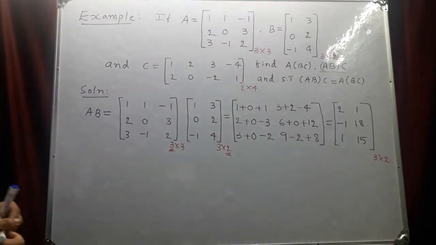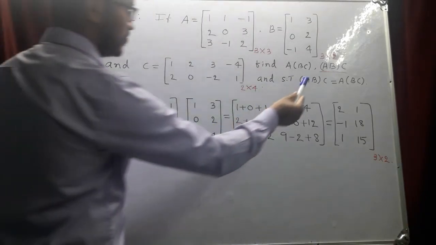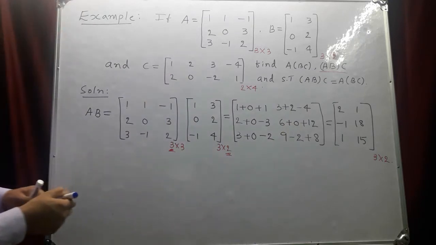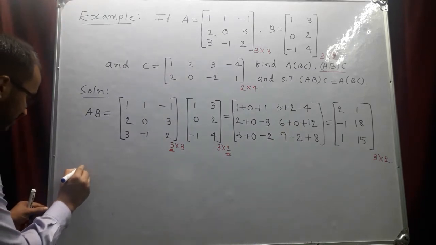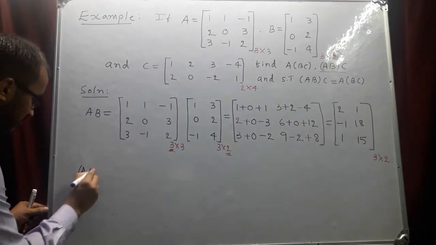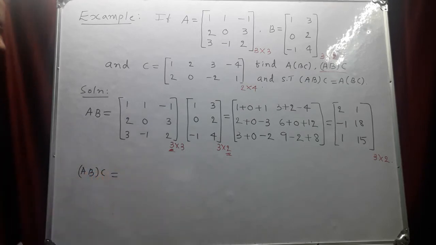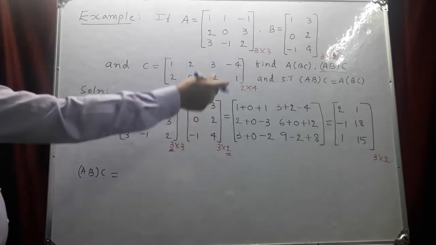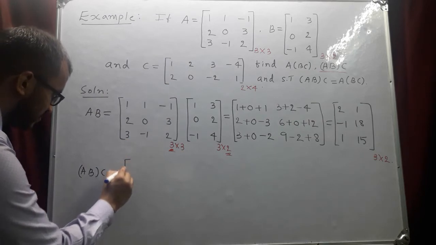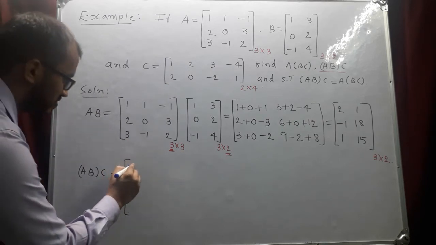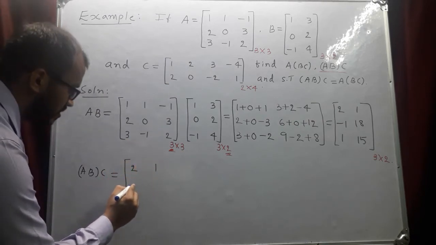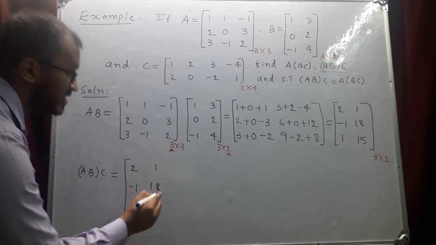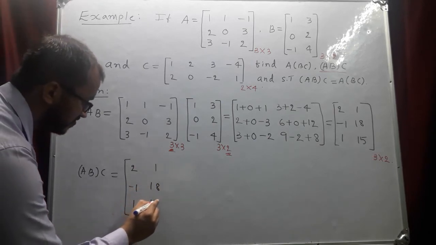Now find the value of AB into C. Let us find the value of AB into C. That is equal to, we got the value of AB as the matrix 2, 1, minus 1, 18, 1, 15.